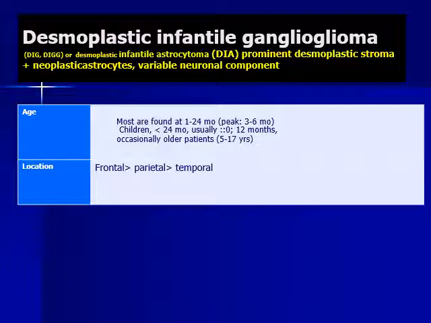It is mostly seen during infancy, usually children less than 24 months, rarely seen in older ages, usually affects the cerebral hemispheres. It likes the region of the frontal more than the parietal and temporal region.